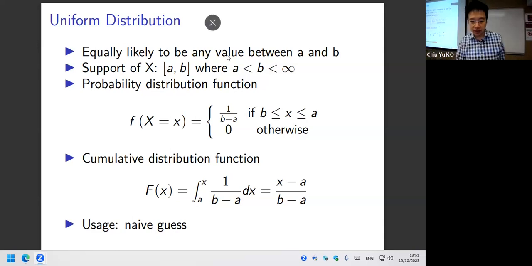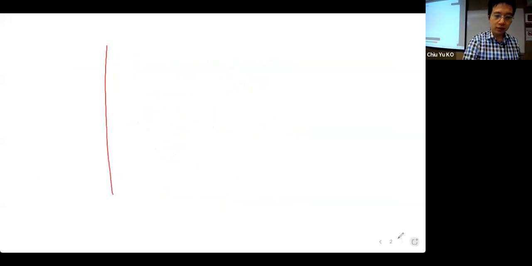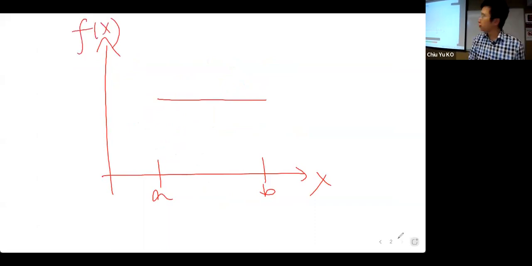Maybe I write down exactly what I mean because it might not be very clear. Suppose x is here from A to B, and this is f of x. Uniform means I pick an interval, maybe from 3 to 4.